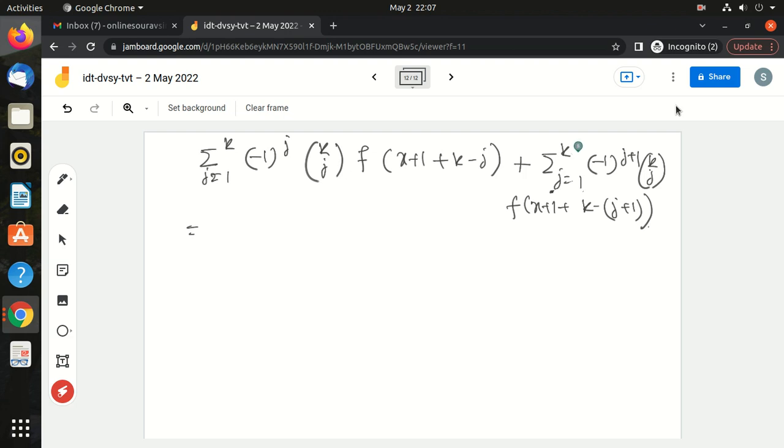And since you have put j equal to j plus 1, j will become j minus 1, right? J minus 1. So this is what I get, and this is j plus 1 you get.